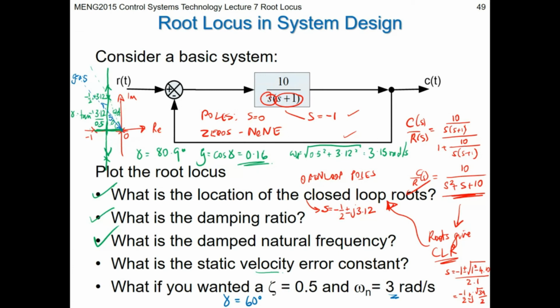So this is the location. Now, if we just calculate what the real value of that is, let's call that x. So we can do that again using cosine.